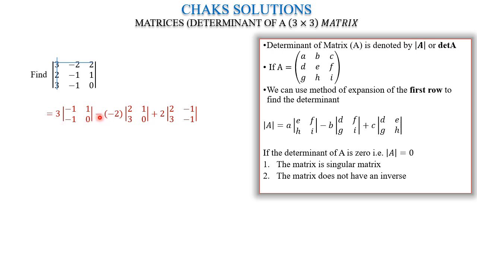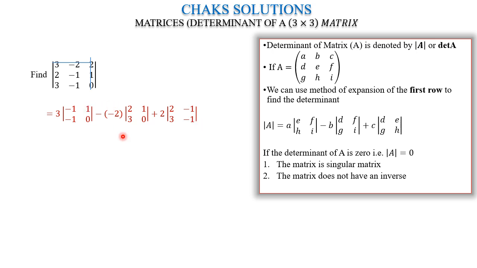Then you say minus, and our B is minus 2. We close the row and column of minus 2, and we are left with 2, 1, 3, 0. Then we go to C, which is plus 3. We close the column and the row, and we are left with 2, minus 1, 3, minus 1.